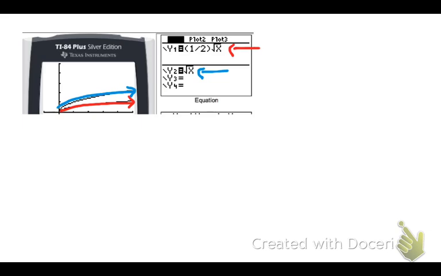And I want you to just check out the steepness. The blue line, the parent function, is steeper, so the value that's in front of the radical will control the steepness of the line. You might think of it as stretched versus compressed.